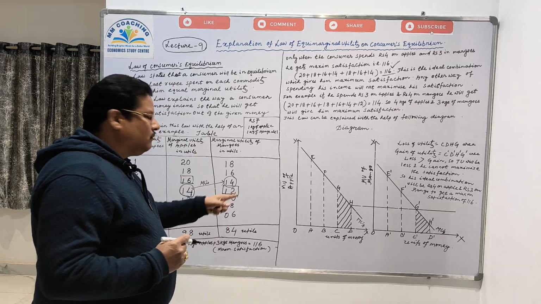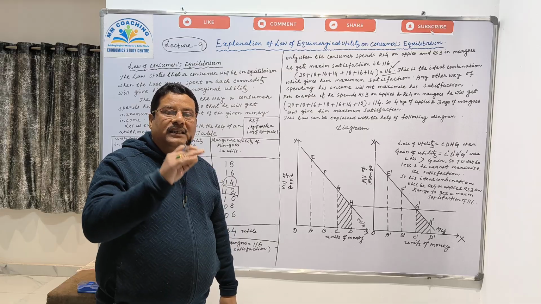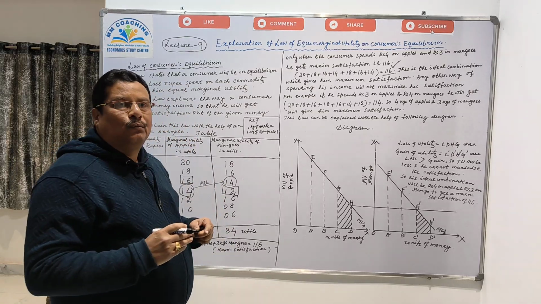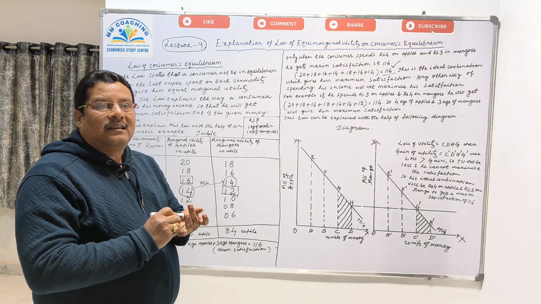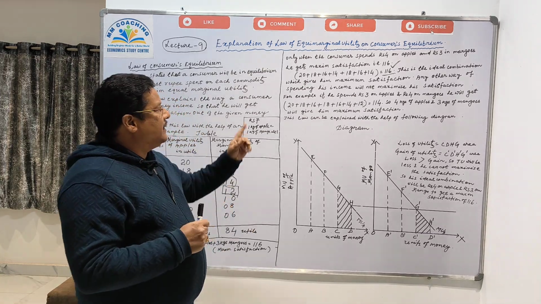Are they equal? No. From apple, MU is 16. From mango, MU is 12. Therefore, his total satisfaction cannot be maximized.